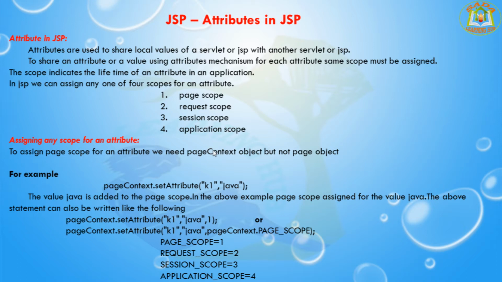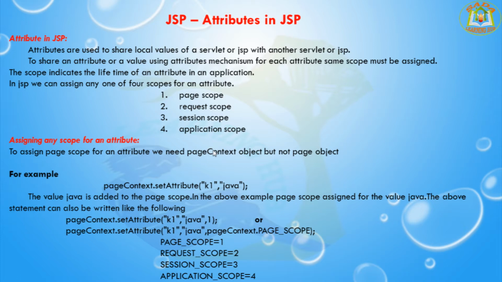Whenever your request scope ends, automatically your value also becomes invisible. Like that, in the JSP, we can assign any one of the four scopes for an attribute.